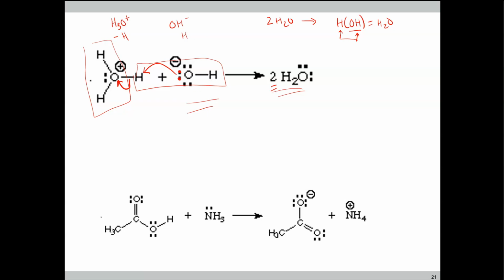Now let's look at this other example, and it's helpful to look at the difference before and after. So we go from NH3 to an NH4 plus. We have a carbon-carbon oxygen hydrogen and an oxygen double bonded in that carbonyl group.